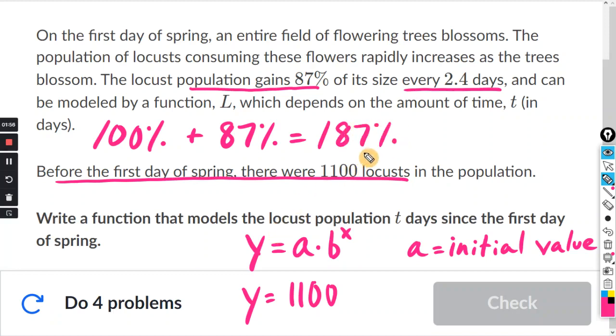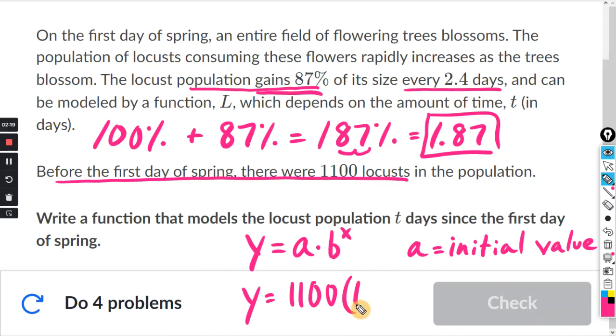And in terms of a decimal, if you move the decimal over two places, that equals 1.87. So if you multiply the initial value, 1,100 times 1.87, it will add or make it gain 87%. So the value for b is going to be 1.87.